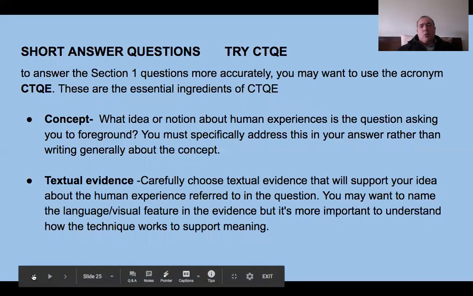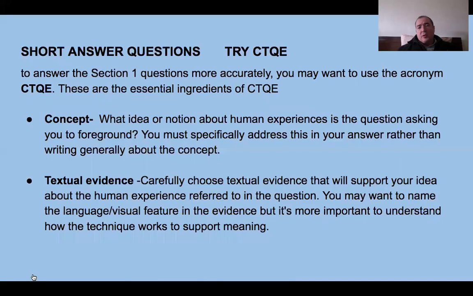So concept. What idea or notion about human experiences is the question asking you to foreground? You must specifically address this in your answer rather than writing generally about the concept. So you always have to have that human experience at the back of your mind when you look at all these things.